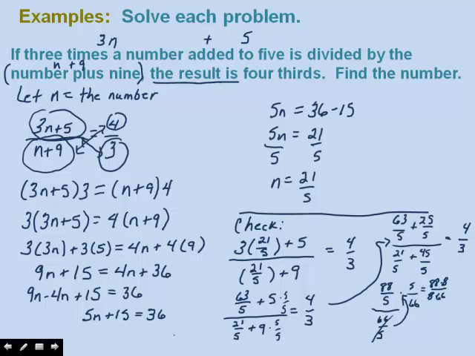And if we cancel our 5's, and we can cancel 22 from both the 88 and the 66, that would give us a 4 here and a 3 here. So that ends up being equal to 4/3. And so this checks. Our solution is that the number is 21/5.